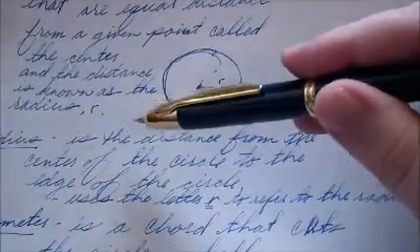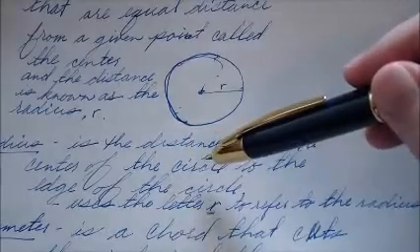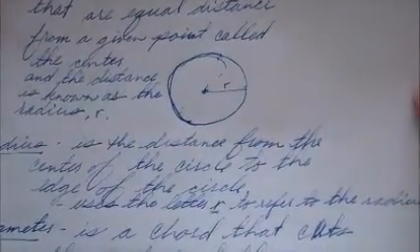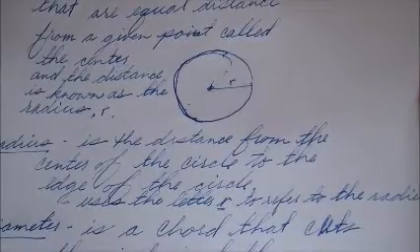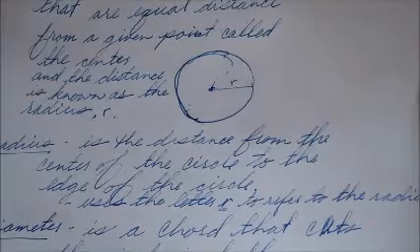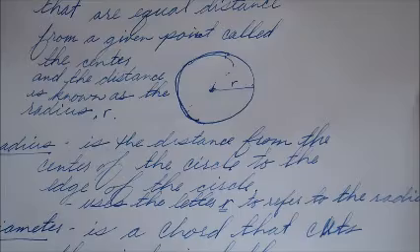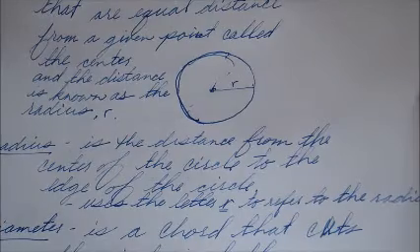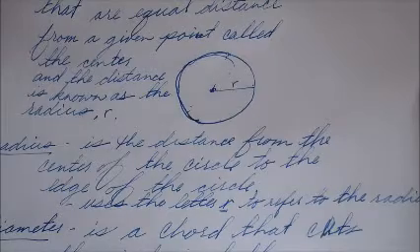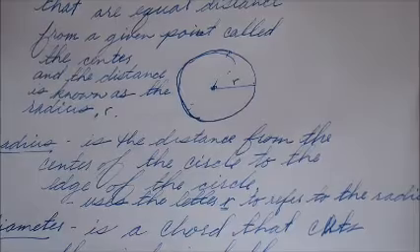So basically the radius is the distance from the center of the circle to the edge of the circle. We use the letter R to refer to radius.